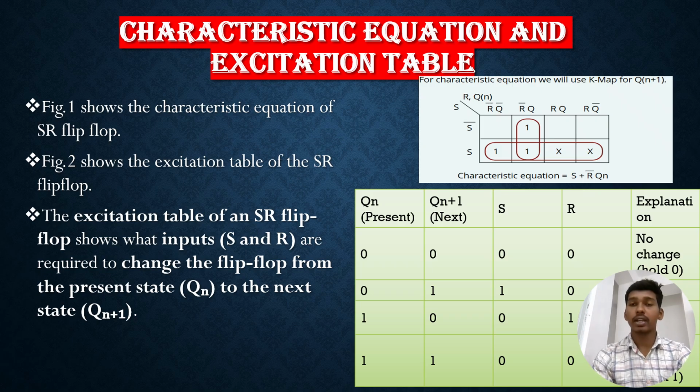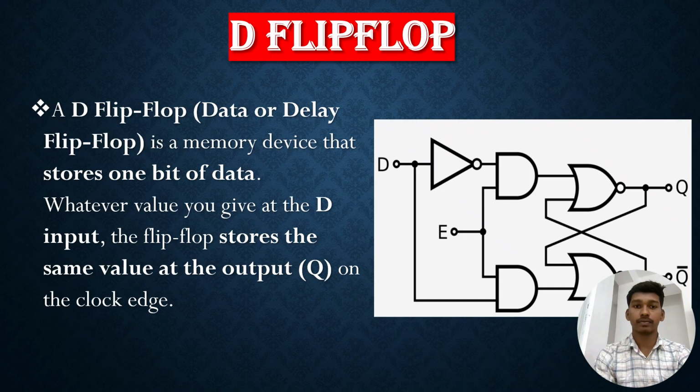It gives the inputs required to change the flip-flop from the present state to the next state, using the present and next outputs. Like this, we get the inputs S and R. This is the characteristic excitation table.